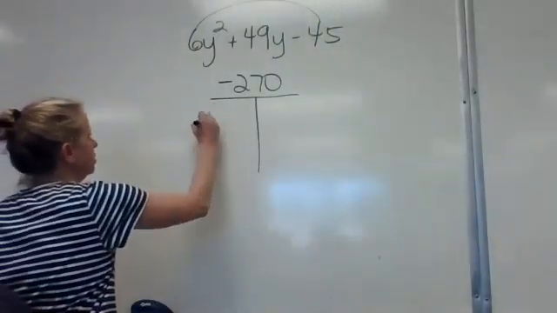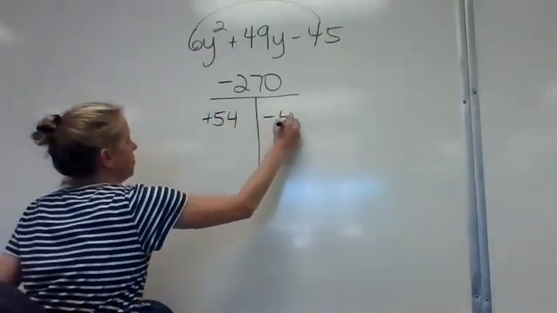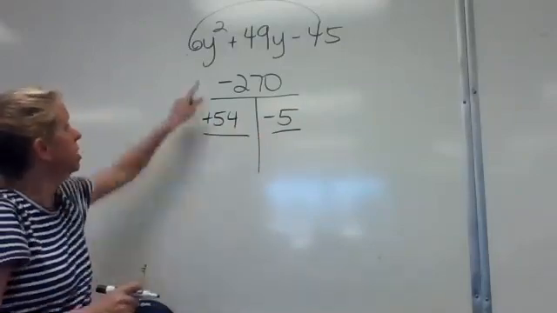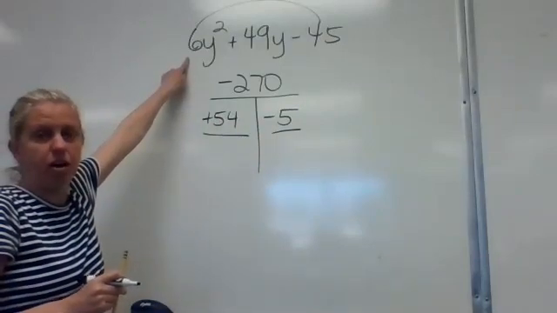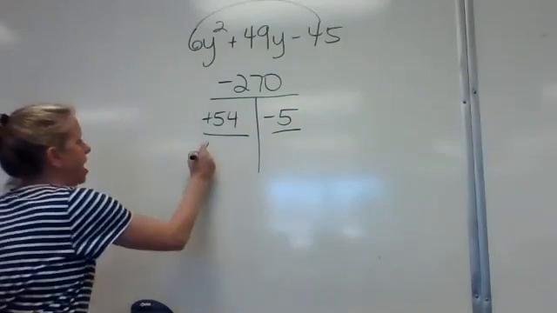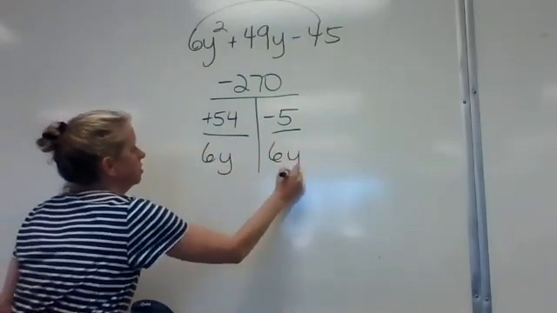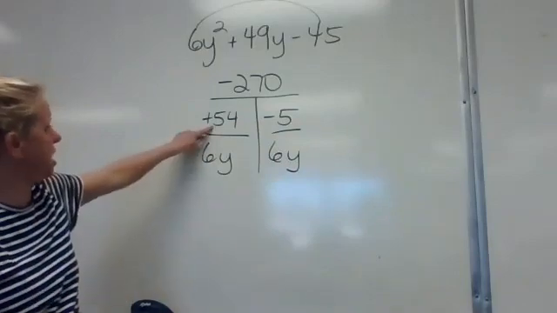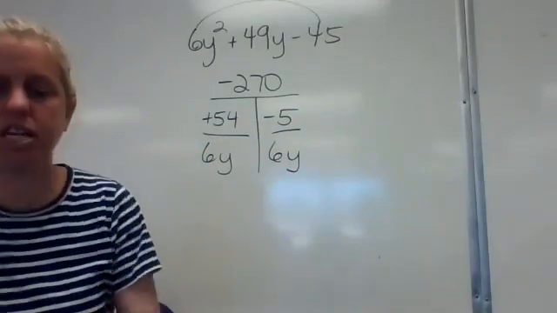Positive 54, negative 5. There's my denominator, right? I'm putting them both over 6y. And reducing. Let's see, does 54 over 6 reduce?